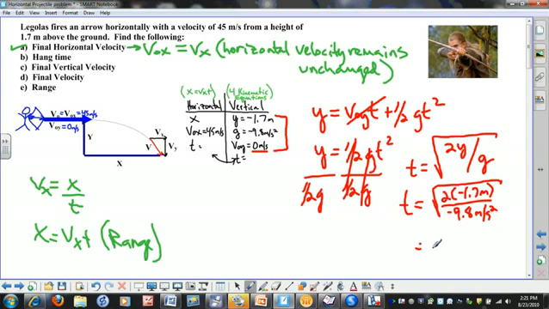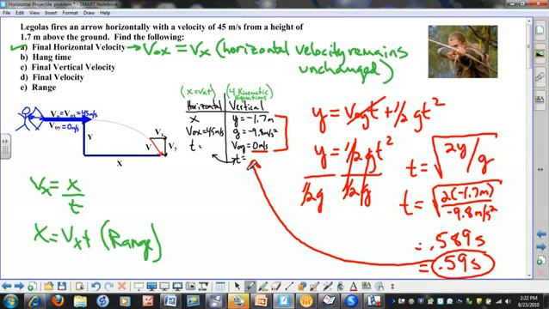We get 0.589 seconds. And in terms of sig figs, our answer is going to be 0.59 seconds. Now this goes here, and it goes here. So the time is the same for both. It's very important.